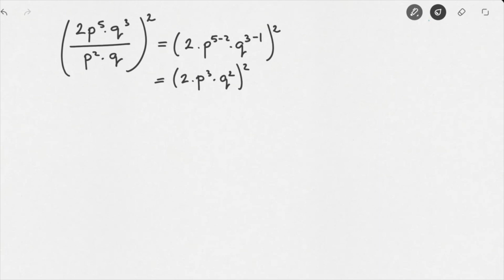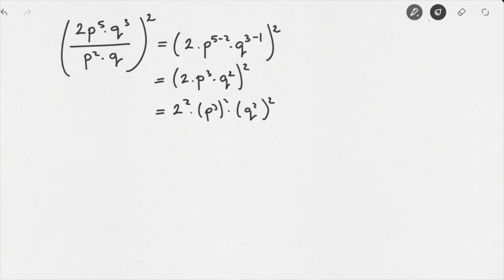Finally, we use the law that we've learnt, and we distribute this power of 2 onto each of the terms which are all being multiplied inside the parentheses. This leads us to 2 to the power of 2 times p to the power of 3 raised to the power of 2 times q to the power of 2 raised to the power of 2.